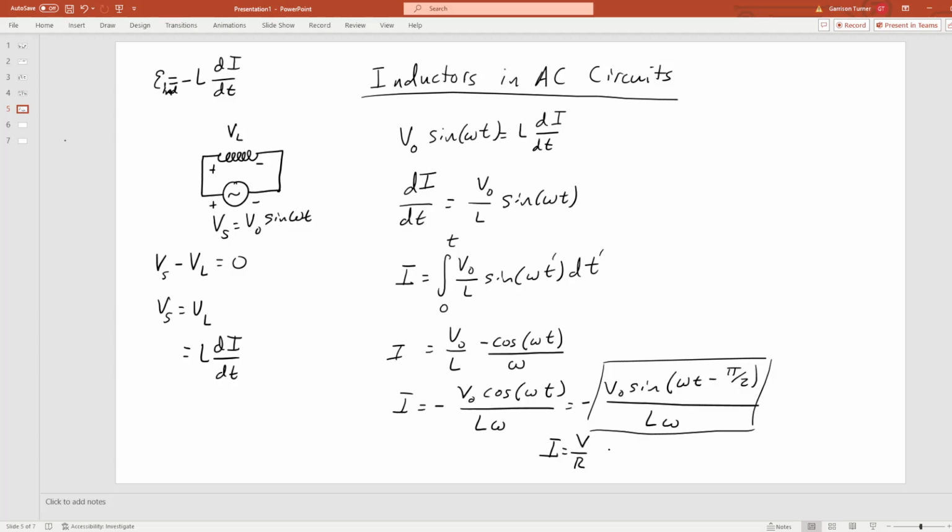Now, before we do that explicitly, let's go back and review. If I plot the voltage of my source over one period, then my current here starts with a negative cosine.